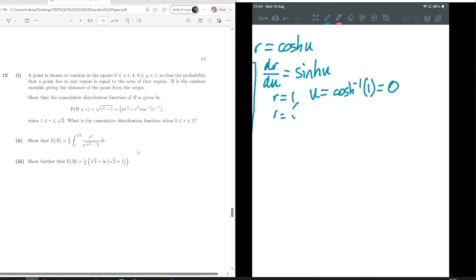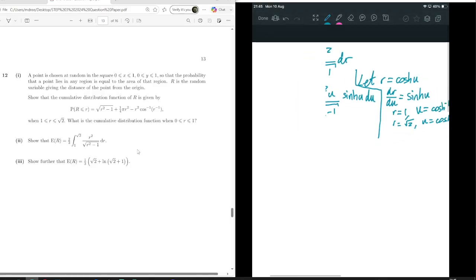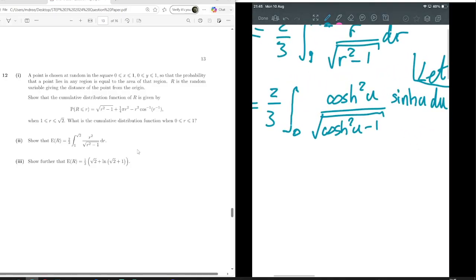And then when r equals root 2, u is cosh inverse of root 2. This one I do need the formula, so this is going to be ln of root 2 plus the square root of root 2 squared minus 1, which is just ln of root 2 plus 1, which is quite pleasing because that's in the answer. So my bottom limit is 0 and my top limit is ln of root 2 plus 1.